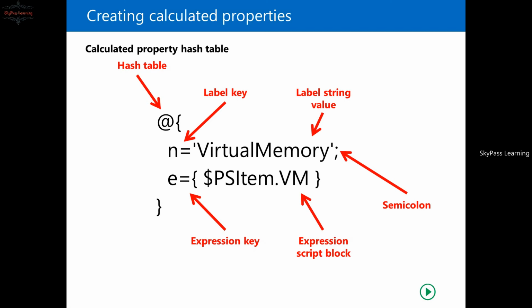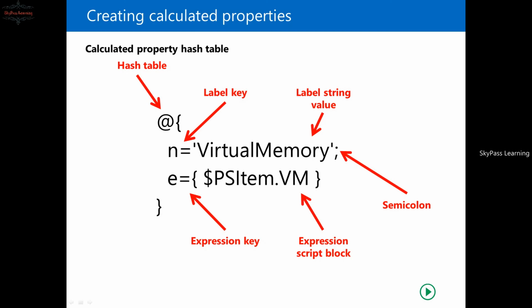So the label key, for example, is mentioned as n, and the label string value is your virtual memory. And here what we have put, PS item, is nothing else. PS item is just a predefined environment variable, where we have taken VM as an expression block, the value, and the semicolon is just to indicate and separate those two values, the expression key and the label key.